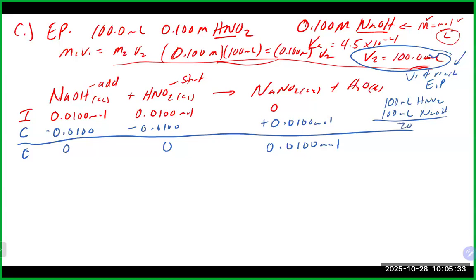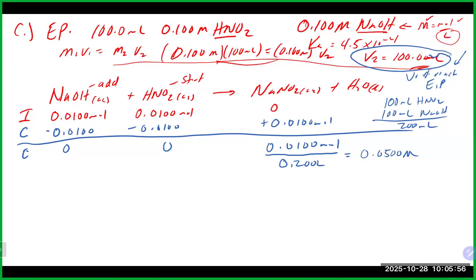That's going to give us a total volume at this point of 200 milliliters when we add it together. Obviously, we need to convert that to liters, so we're going to divide that by 1,000 or move the decimal, and that's going to get us something in the ballpark of 0.05 molar. Any questions there?